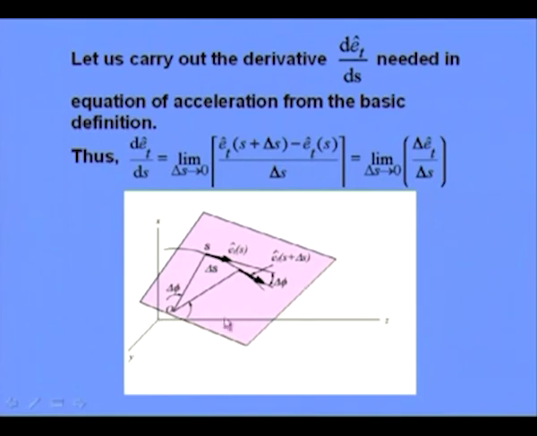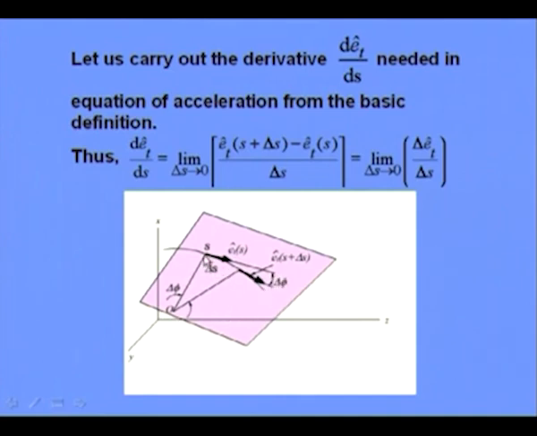Now, this shows an osculating plane. If we show a unit tangent vector at point S by ETS and another after the particle has travelled a distance of S plus delta S, this becomes Et(S plus delta S). The angle between these two tangent vectors is delta phi.